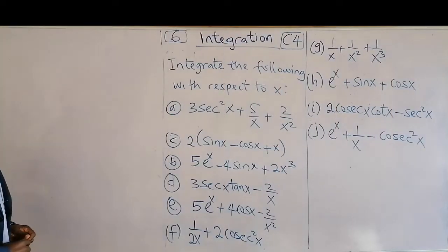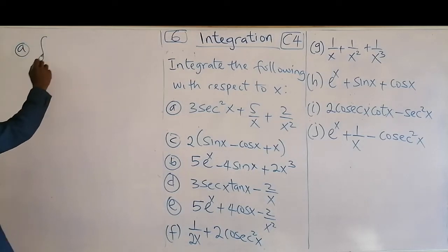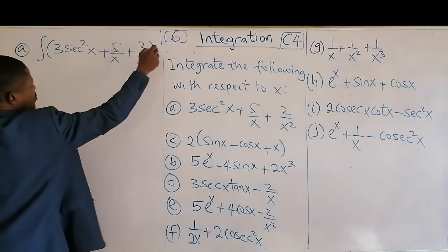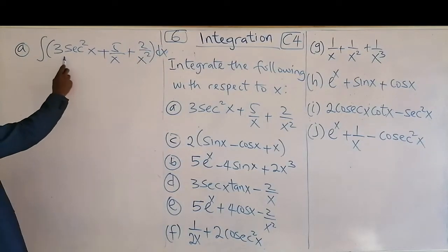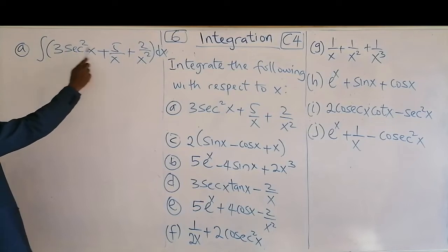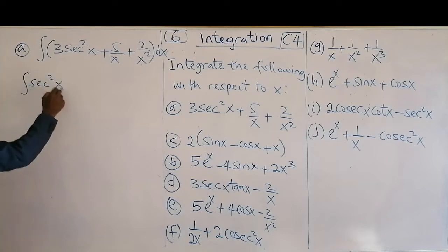Integrate the following with respect to x. We have the following questions. The first one, you write your integral sign, then you put the question inside, then you put the element of integration. If you look at this question, it's a sum of functions, so it will be the integral of each of those functions.